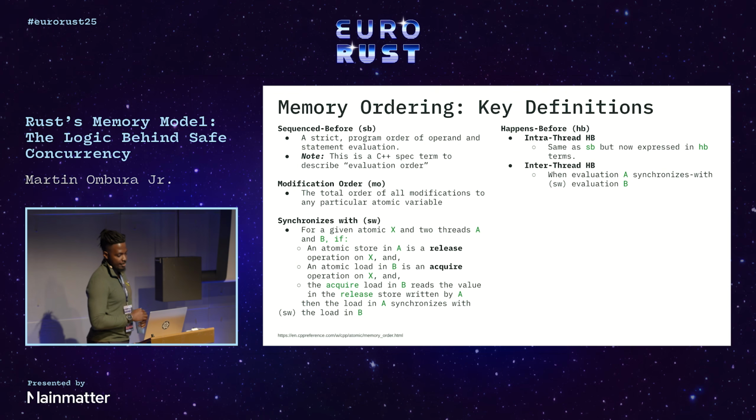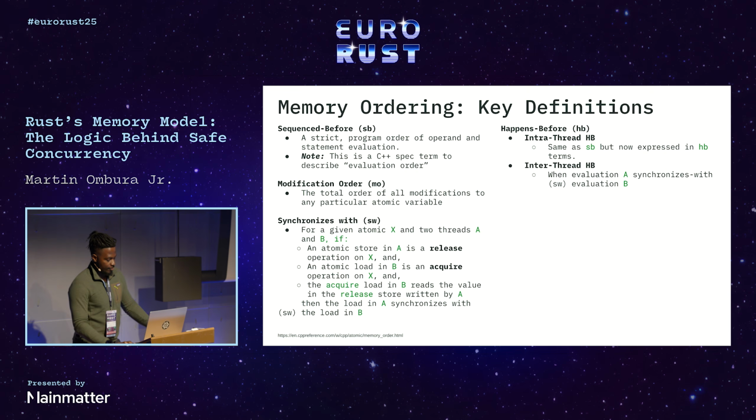There's intra-thread happens before, and inter-thread. I hate those words, even though they mean very different things, they sound exactly the same. Intra just means within a single thread. What does happens before mean? It's basically sequenced before. If you have some operation A, then B, A happens before B. Within other threads, that's when we start talking about this notion of synchronizes with. And we'll use that in a second.